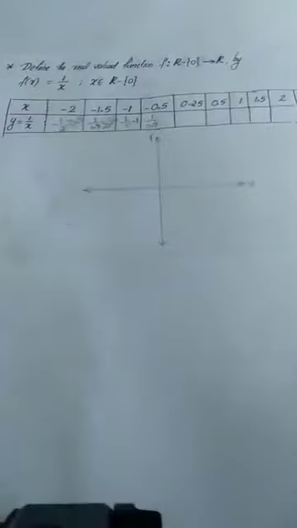Then what's the value at minus 0.5? It is minus 1 by 0.5, equal to minus 2. Then what is the image of 0.25? It is 1 by 0.25. So look at here.